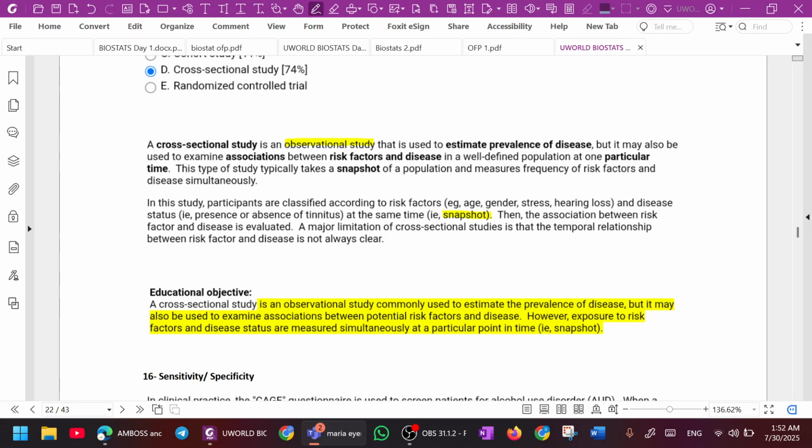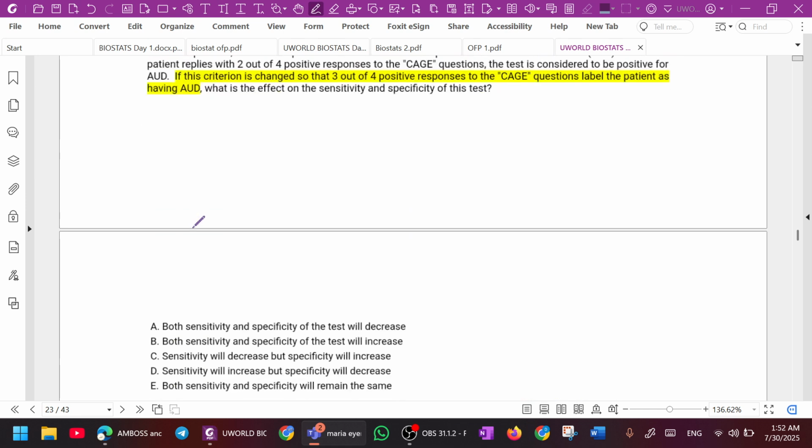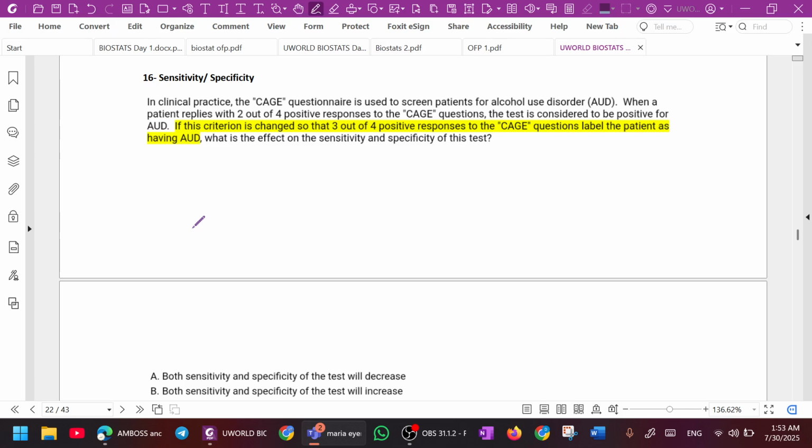Okay. Sensitivity specificity. In clinical practice, the CAGE questionnaire is used to screen patients for alcohol use disorder. When a patient replies with 2 out of 4 positive responses to the CAGE questionnaire, the test is considered to be positive for alcohol use disorder.